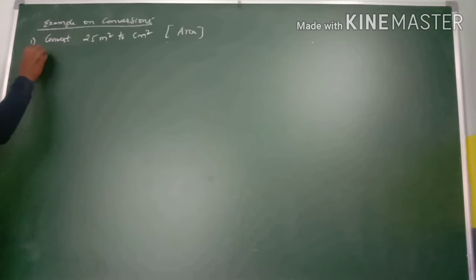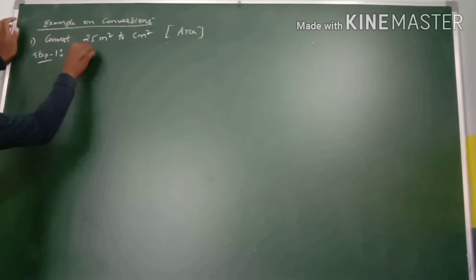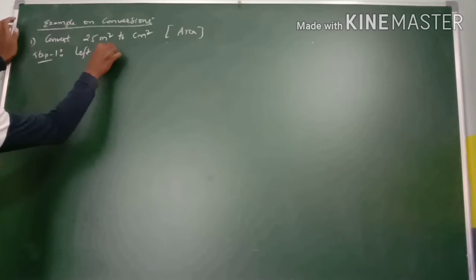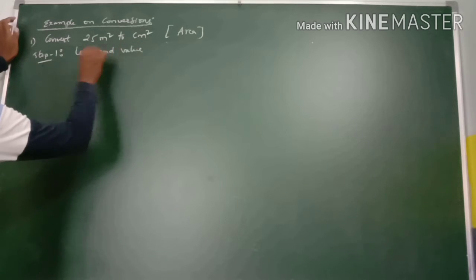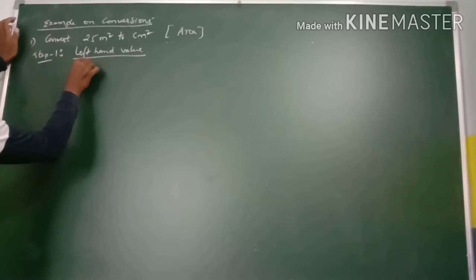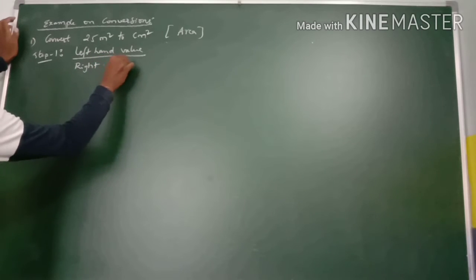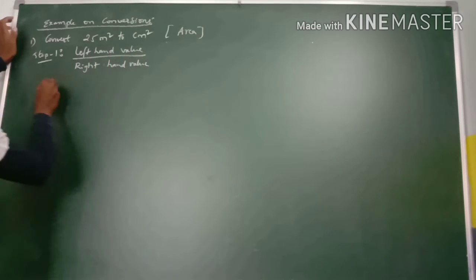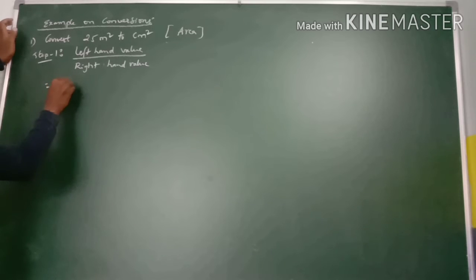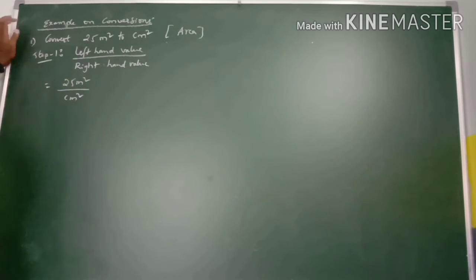First, step 1. Left hand value by right hand value. What is the left hand value? 25 meter square by centimeter square. We are converting.